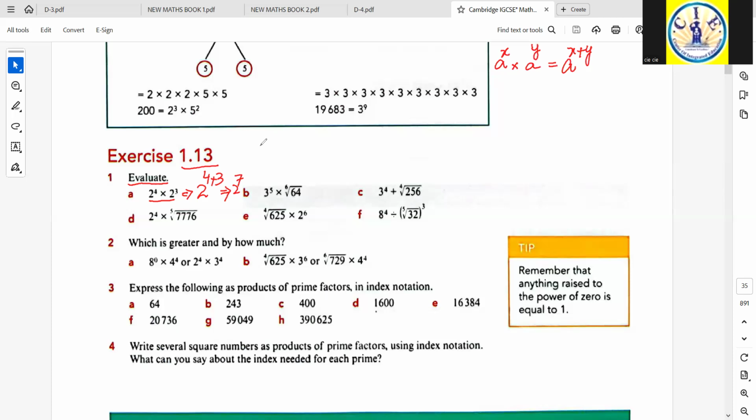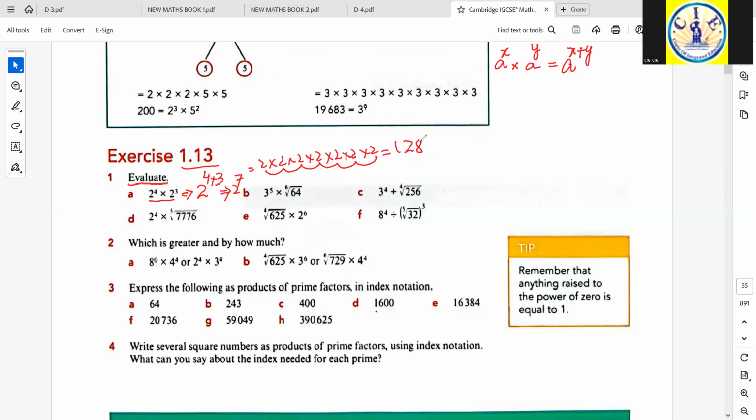And if we need to simplify and give the answer in standard form, in numbers form, so that could be done 2 multiplied by itself 7 times. 2, 4, 8, 16, 32, 64, and then 128.